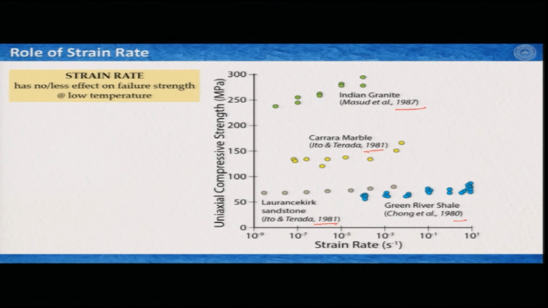For example, we can consider another marble, a very famous marble that people use for experiments, Carrara marble. Here, the strain rate got increased from the order of 10 to the power minus 7 to almost 10 to the power minus 2, and the flow strength was more or less constant. So, strength at low temperature is not a function of strain rate.